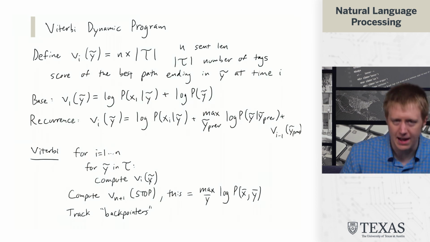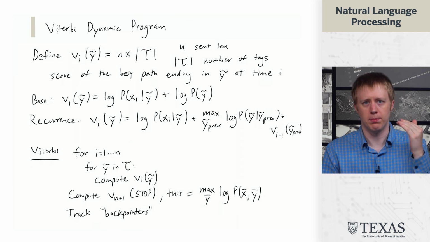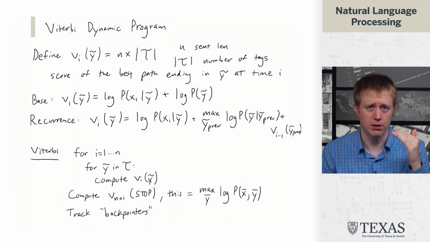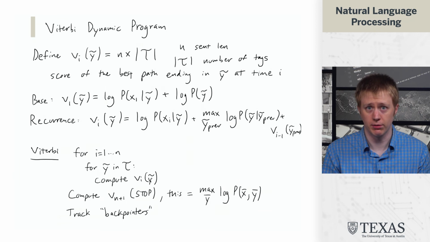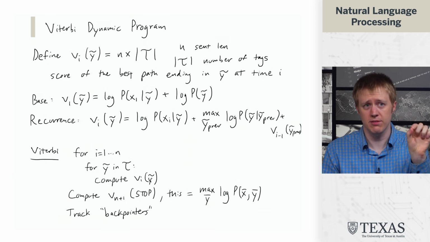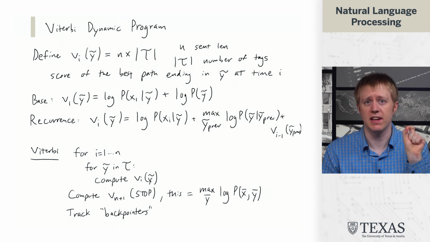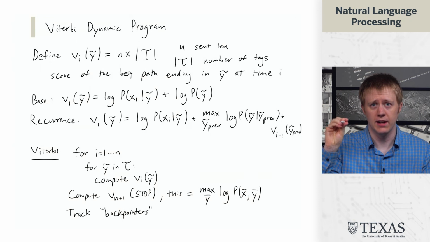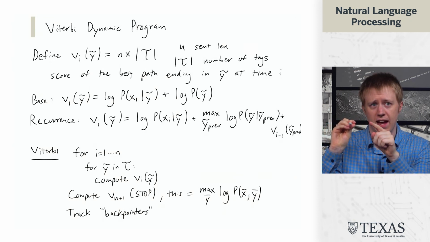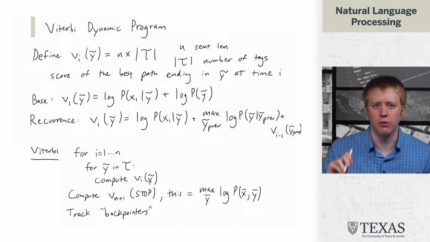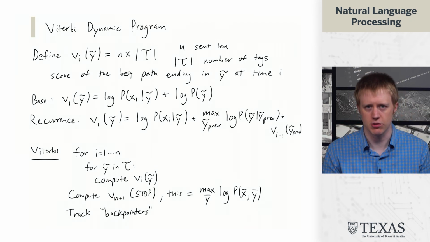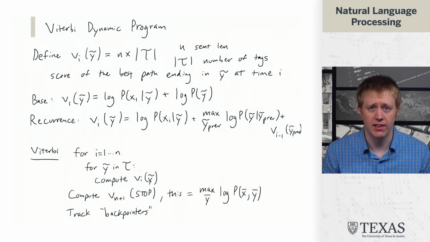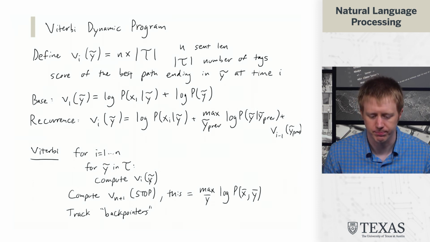Essentially, at each step, when you compute the Vi of y twiddle during the recurrence, there's some y prev that this came from, and you want to keep track of what that is. Because then at the end of the day, you want to say, all right, here's the final score I got. What was the previous tag along this path that got me here? And then you unwind it and you can go back and actually reconstruct the sequence of tags that got you here in addition to just the score.